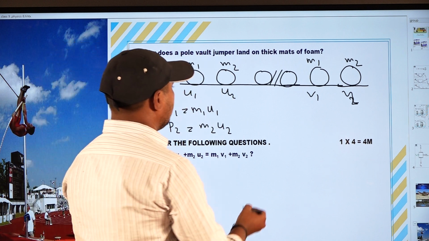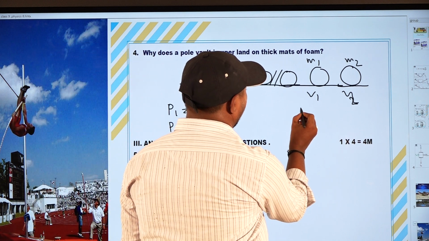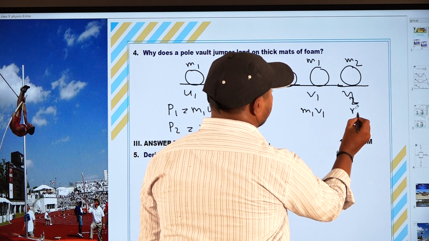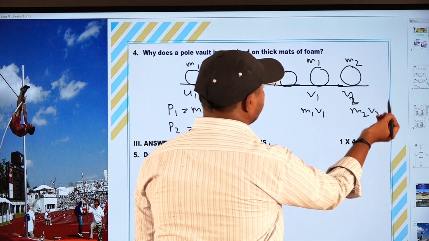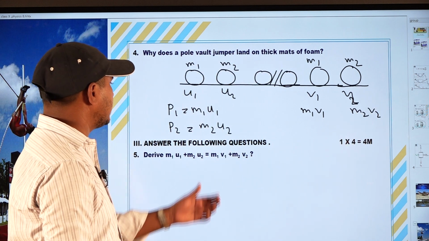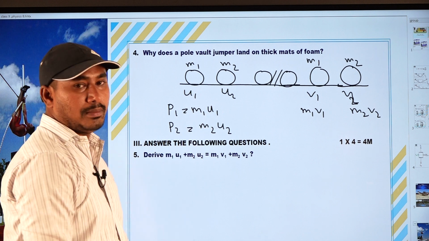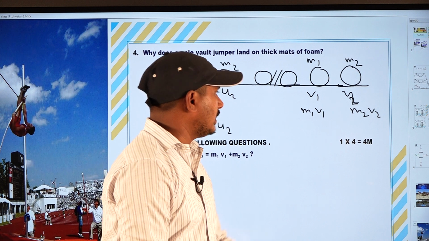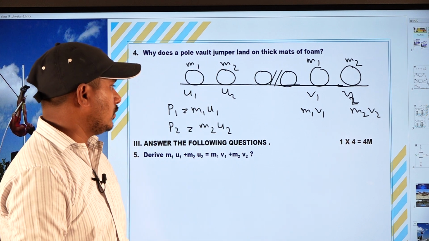After collision, the momentums are: first body m1 v1 and second body m2 v2. Before collision they were m1 u1 and m2 u2.